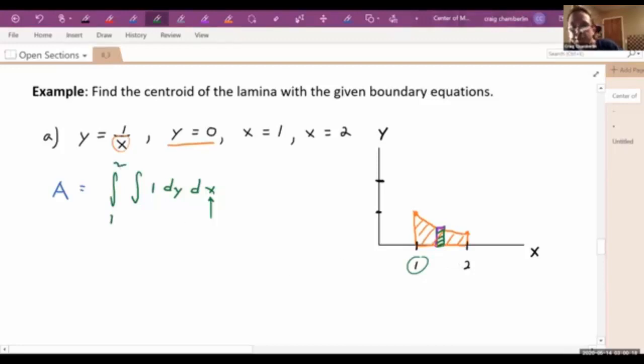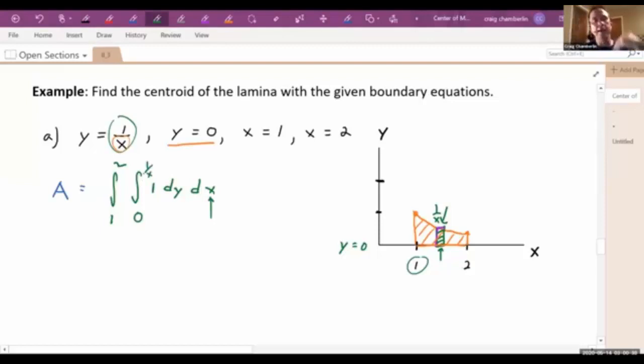And then if you look at the rectangle itself, the bottom of that rectangle gives you the lower inner limit of integration, and the bottom of that rectangle is just y equals 0. It's the x-axis. And the top of that rectangle is given by the function 1 over x. So there's your upper inner limit of integration.